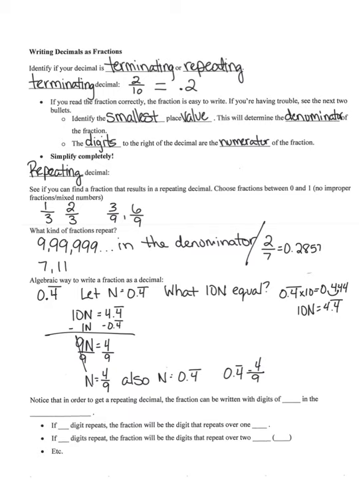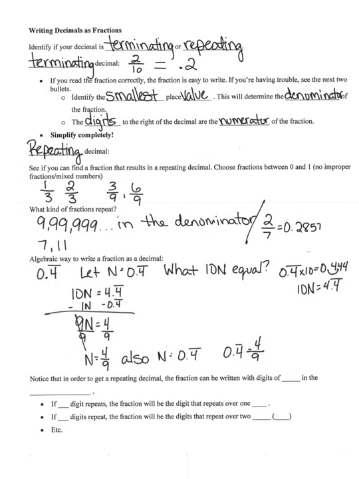Now, we don't have to do that specific process every single time. Ultimately, what I just showed you is that in order to get a repeating decimal, the fraction can be written with digits of 9 in the denominator. So keyword, if we can just identify that, then we know that that's what the fraction would be.